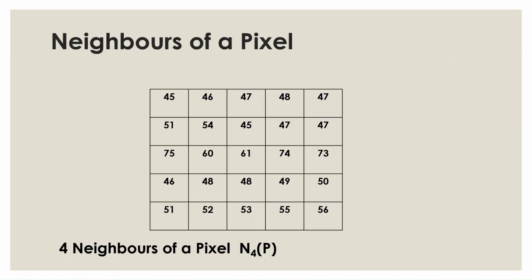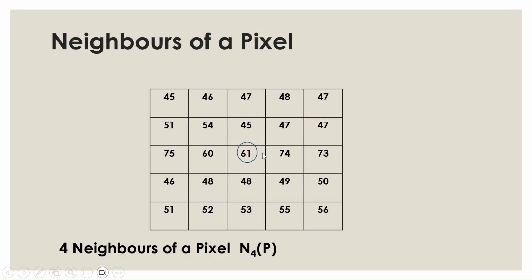So before learning about the neighbors of a pixel, let us take an image which is represented as a matrix. It contains pixels with its intensity values represented in the matrix form in the rows and columns. Now, say I am taking a pixel which is in the center of this matrix.